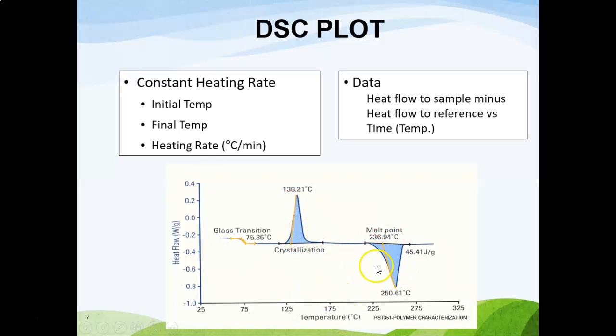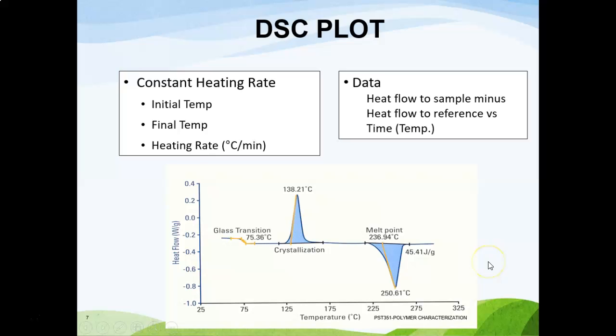The area under the curve is the delta H. The x-axis is the temperature, while the y-axis is the heat flow, measured in the unit of watts per gram. For the DSC you need to set a constant heating rate, with the initial temperature and the final temperature you are going to use, and you need to set how many degrees of heating rate per minute your sample needs.